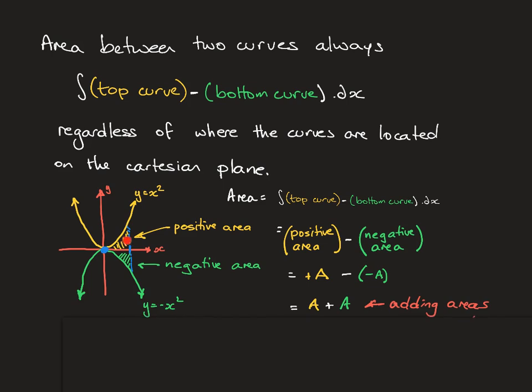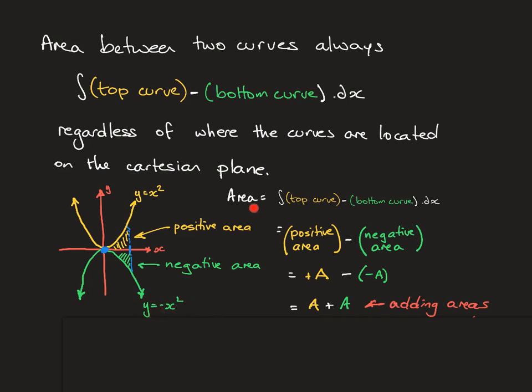This yellow area here, we're doing the area between 0 and whatever point this is between the two curves. So the area is made up of this yellow section, which will be a positive area, and we can integrate underneath the yellow curve to find the yellow area. And the second part of it is this green area, which we can find by integrating our green function between the two endpoints.